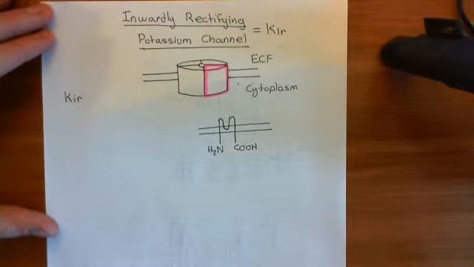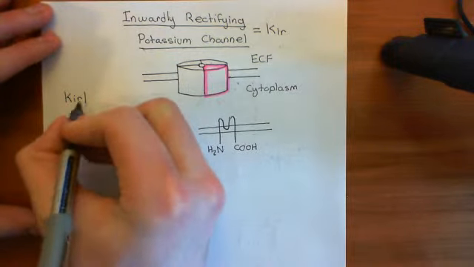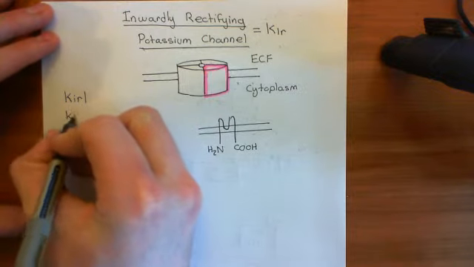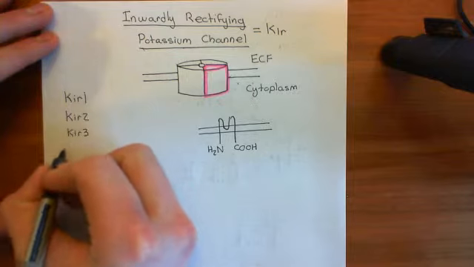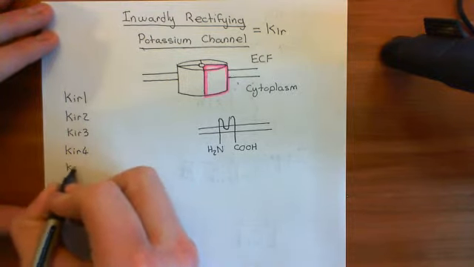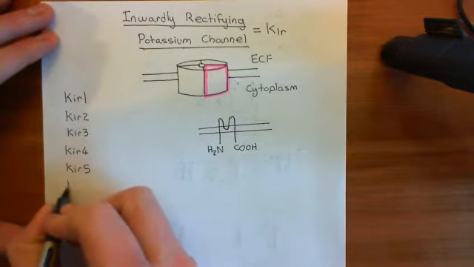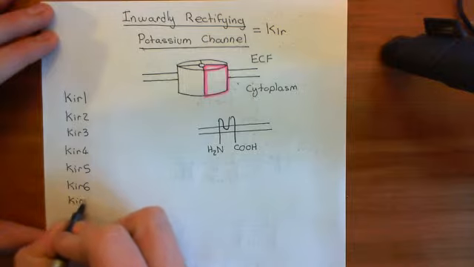To help us understand the inwardly rectifying potassium channels, the subunits have been grouped into 7 families. There is the KIR1 family, the KIR2 family, the KIR3 family, the KIR4 family, the KIR5 family, the KIR6 family, and then finally the KIR7 family.